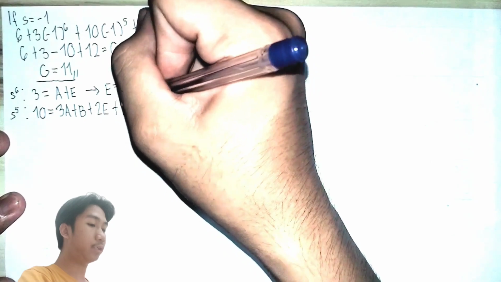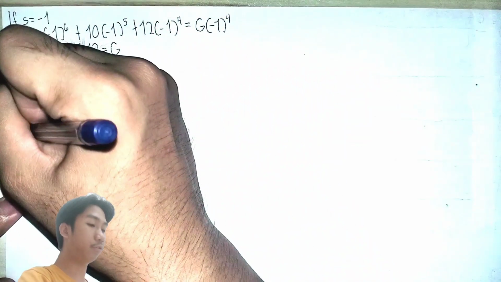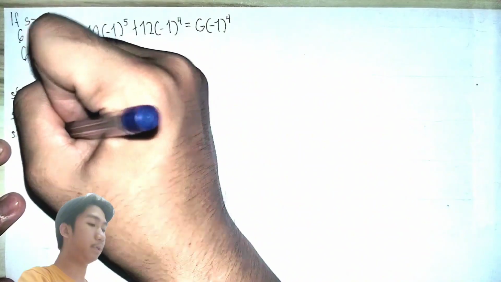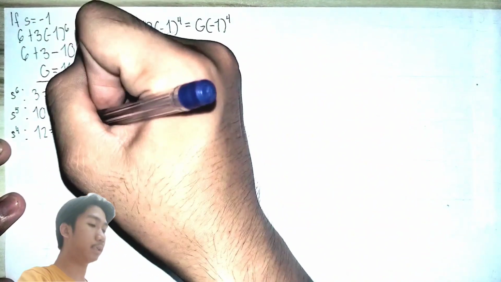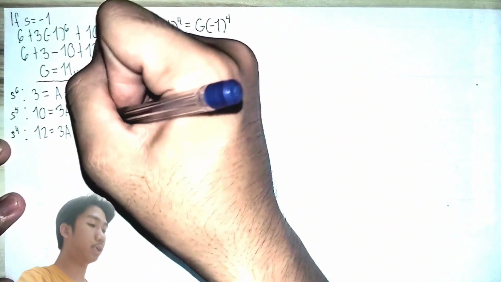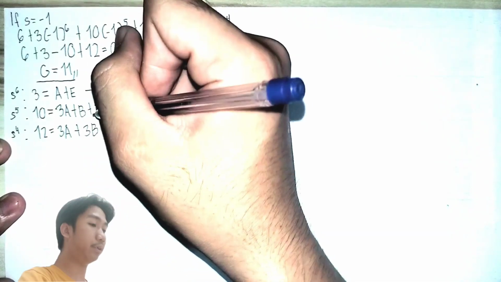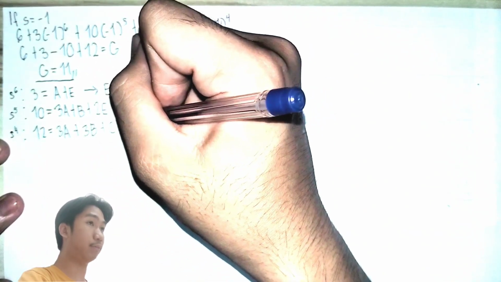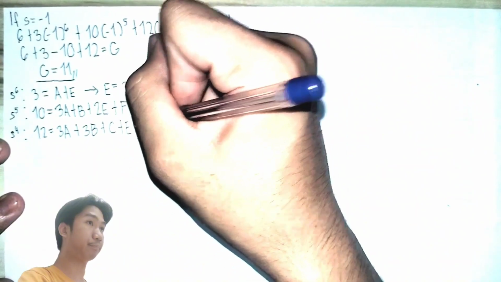By using s raised to 4, that would be 12 is equal to 3a plus 3b plus c plus e plus f plus g. But as we all know that g now is 11, so we substitute it to the equation.